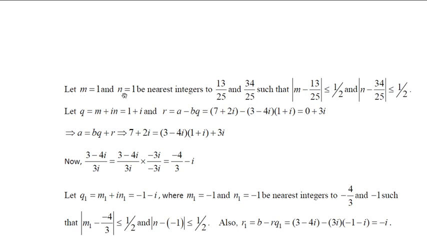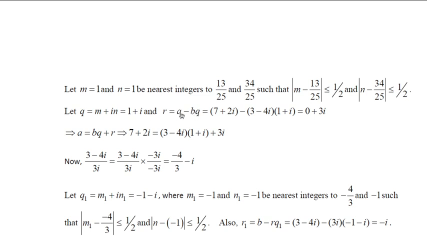So let's assume M and N as 1, because they are the nearest integers such that their difference is less than or equal to half. So there in that result we have written Q as M plus iN. So your quotient will be 1 plus i.